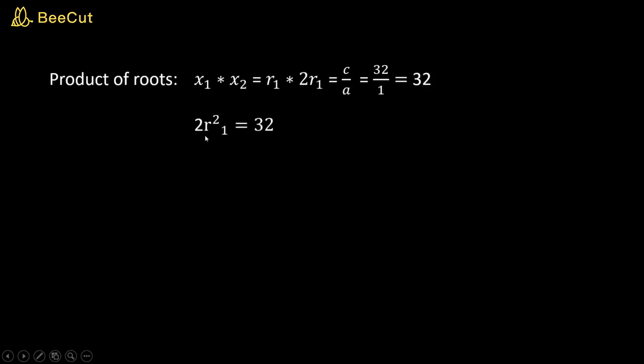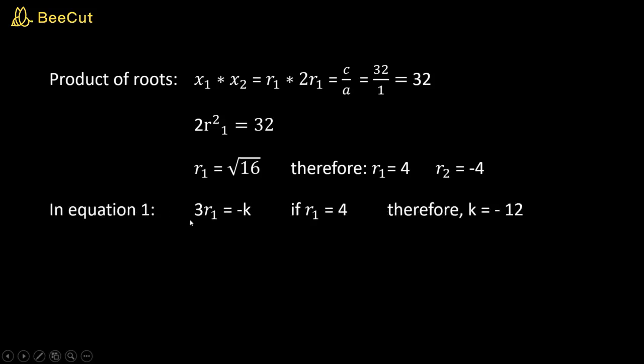Simplifying, 2r sub 1 squared is equal to 32. Dividing both sides by 2, since we have only one variable here, we can solve for r. It is the square root of half of 32, which is 16. Therefore, r sub 1 is equal to 4 and also negative 4.